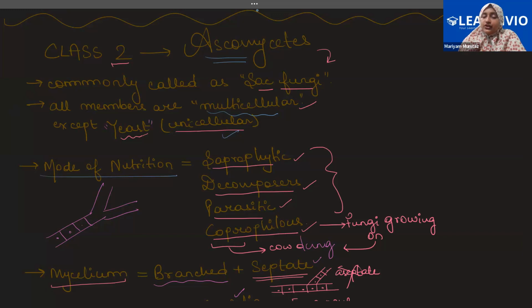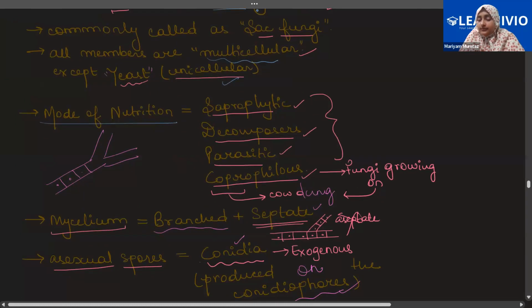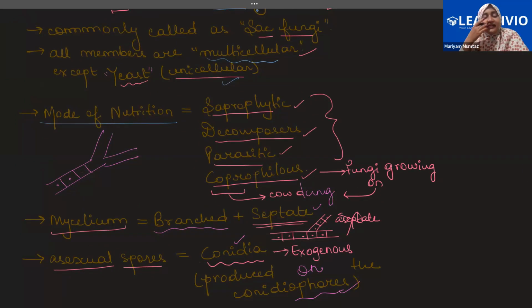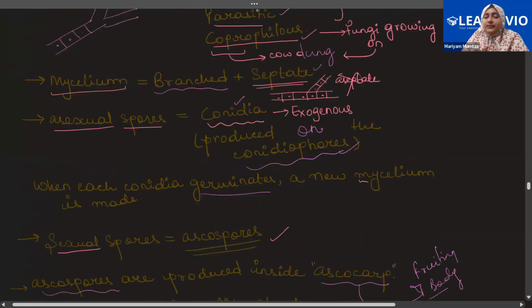The mode of nutrition for ascomycetes can be saprophytic, decomposer, parasitic, and coprophilous. Coprophilous means the ones that grow on cow dung. So these are the various kinds of modes of nutrition found in the class Ascomycetes.